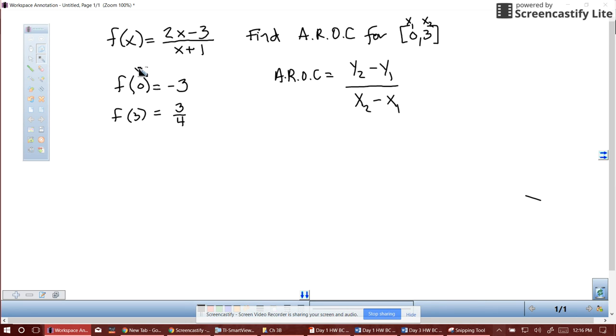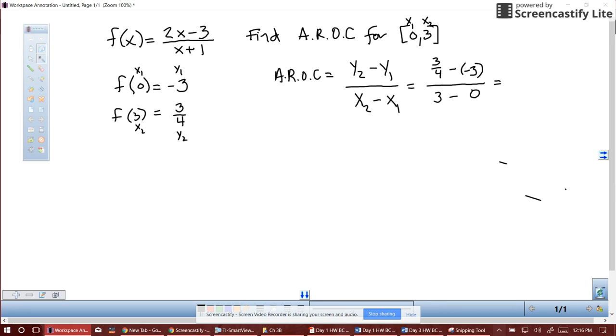So that was x1, so this will be y1, and this was x2, so this will be y2. So if I go put my numbers in my formula, y2 is 3/4 minus y1 was -3, over x2 was 3 minus x1 is 0.